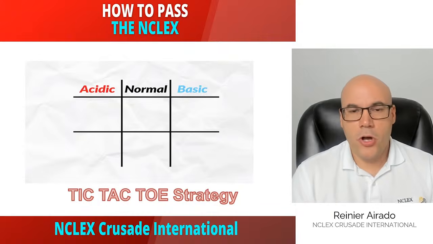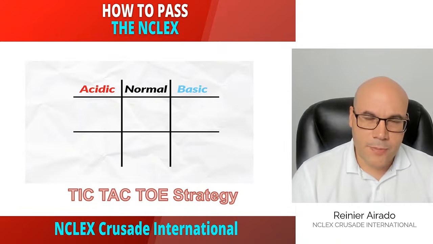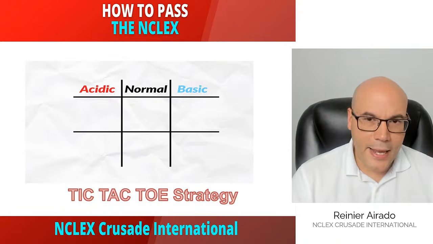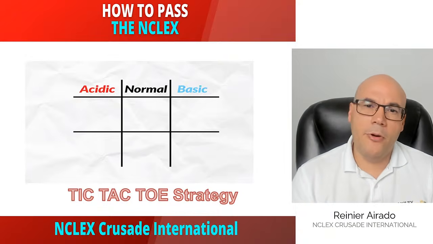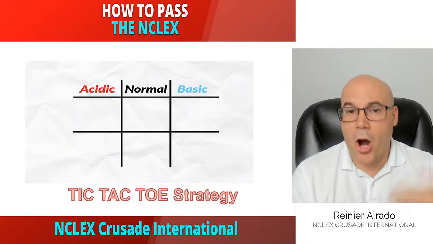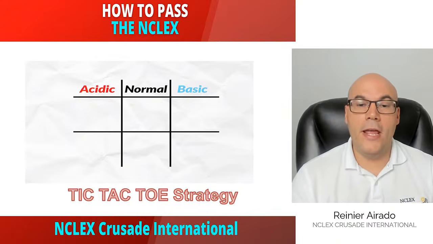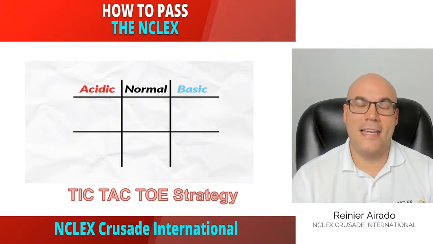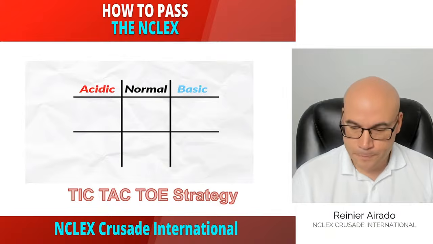For example, using the ROME method, you'll be able to identify if you have respiratory acidosis, respiratory alkalosis, metabolic acidosis, or metabolic alkalosis, but you are not able to tell, at least not graphically, if it is partially compensated, uncompensated, or fully compensated. And with this tic-tac-toe strategy, you will see how easy it is to do this.